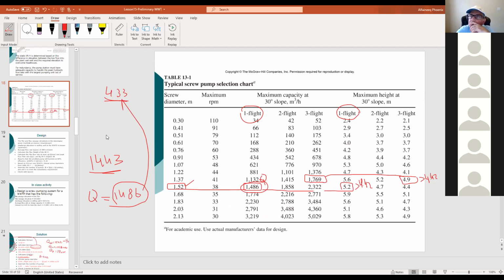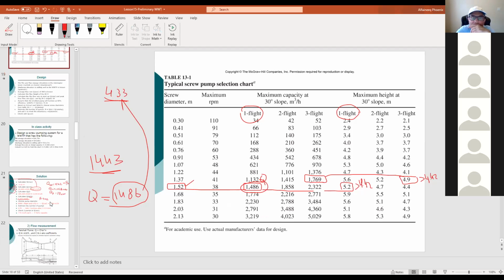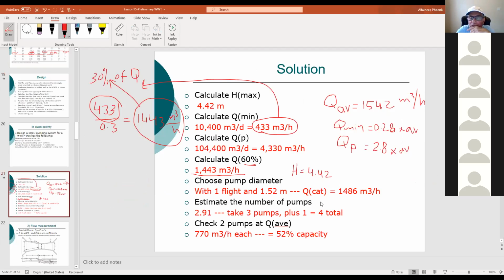Now, what do you think? How are you gonna find how many of them to meet your peak? Now stick to the catalog. How many of them do you need? Is this the peak?